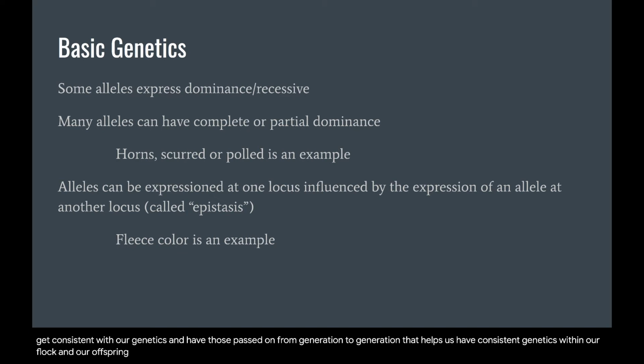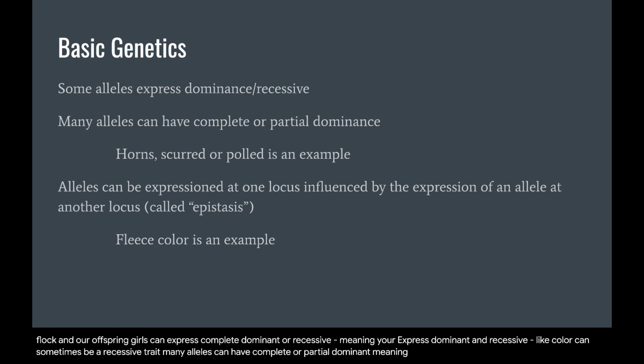Some alleles can express complete dominance or recessiveness, like color can sometimes be a recessive trait. Many alleles can have complete or partial dominance, meaning that they're either completely dominant or they may be partially dominant.